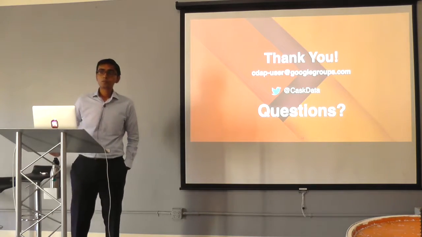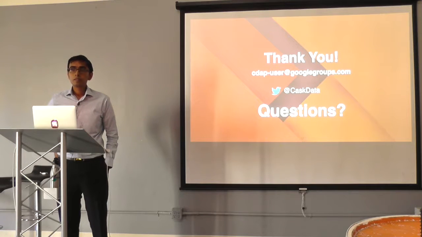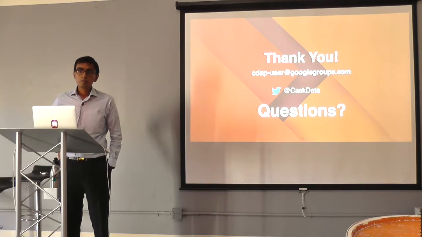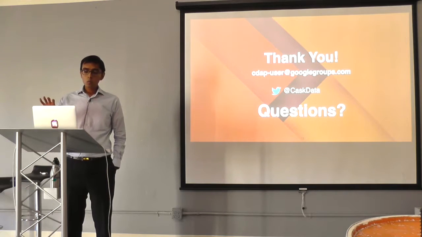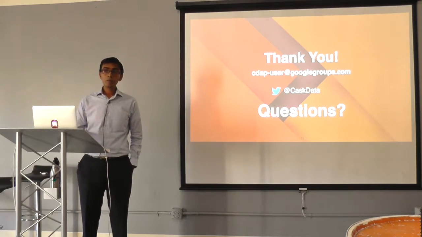I noticed that your speed was not very high. Were you actually running the demo on your client machine, or were you working with the server as well? So the demo that I ran was on my laptop.